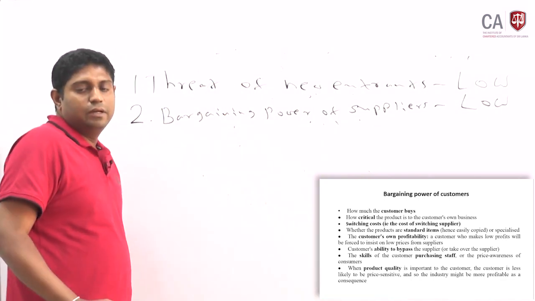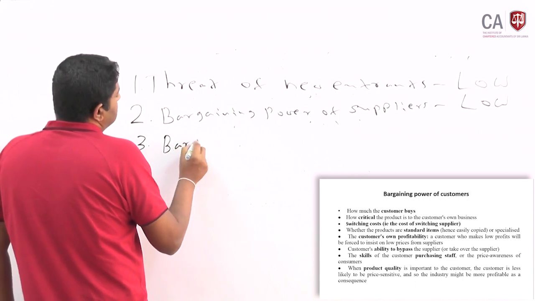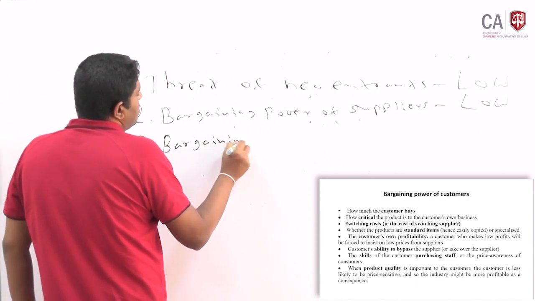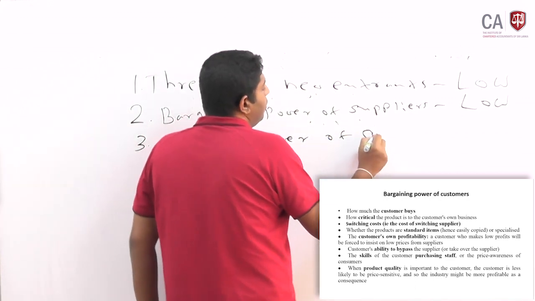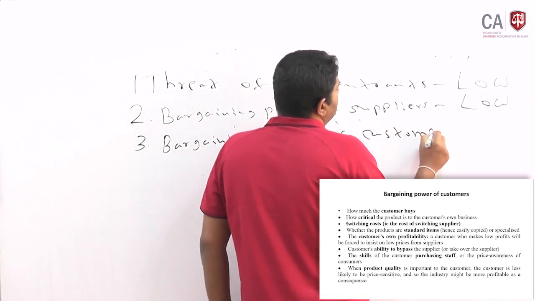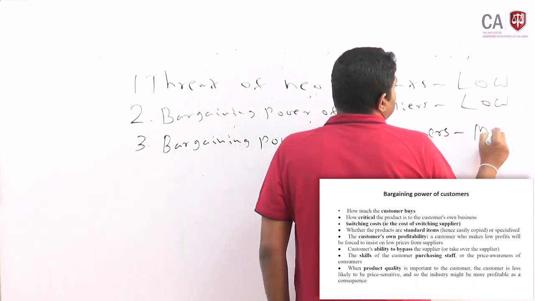Then the third one, bargaining power of customers, we identify it as medium.